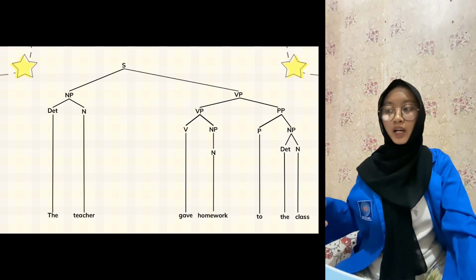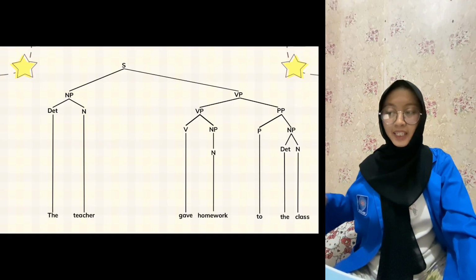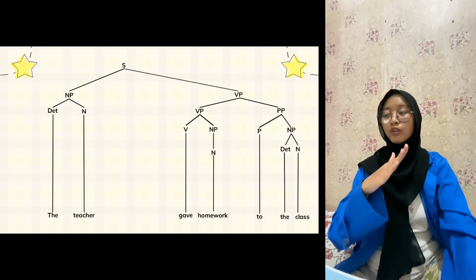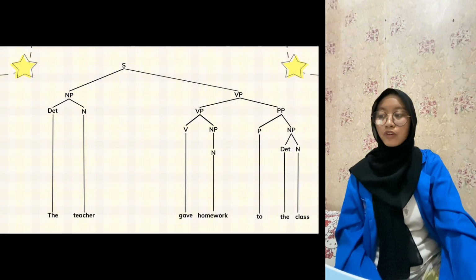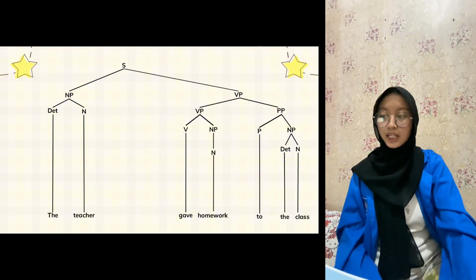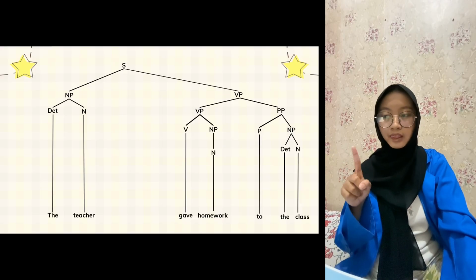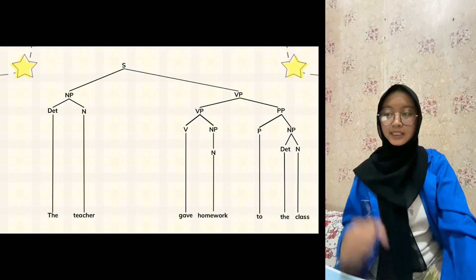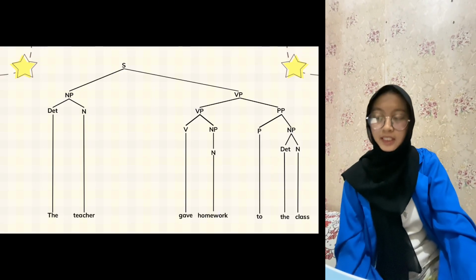For the VP, inside it there is V and then NP, which is noun phrase. The V is the word gave, and for the NP we divide it again into noun because there's only one, which is homework as a noun. Next is the prepositional phrase.